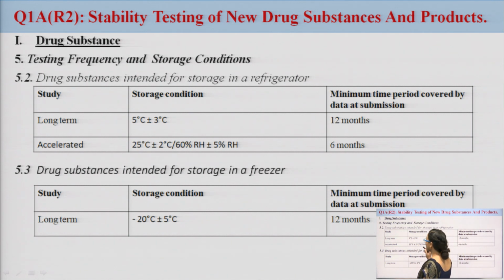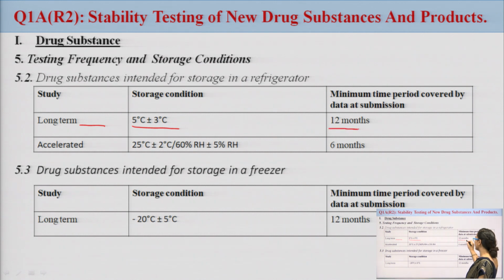So, what are the storage conditions for the drug substance intended for storage in refrigerator? For long term study we will select the storage condition 5 degrees Celsius temperature, here plus minus 3 degrees Celsius variation is allowed. This study is generally conducted for 12 months. Next is accelerated study.